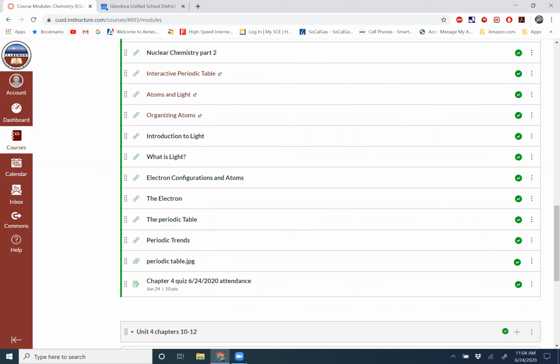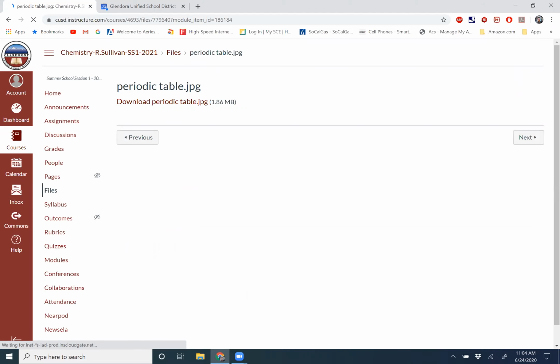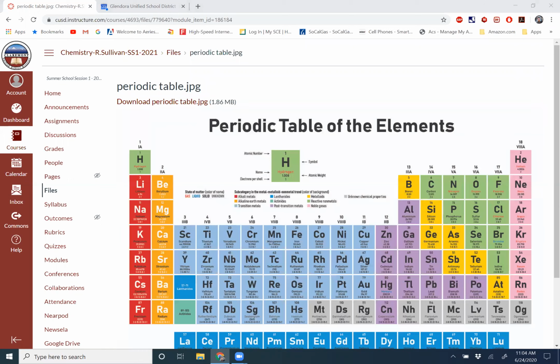And then from now on, we're going to be using the periodic table. So you're going to want to have a periodic table on hand. What I have done is provide you with a periodic table. This one's nice, color-coded, and has the different types of atoms on the periodic table, things like alkali metals and whatnot, which will be the subject of chapter 6.